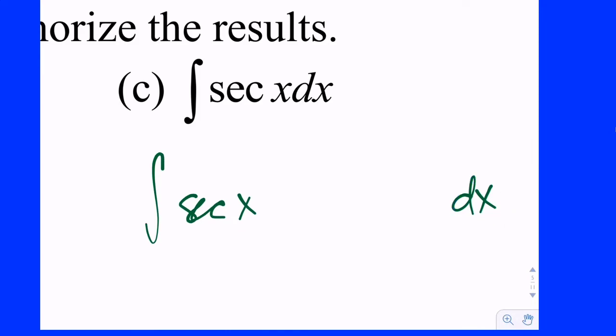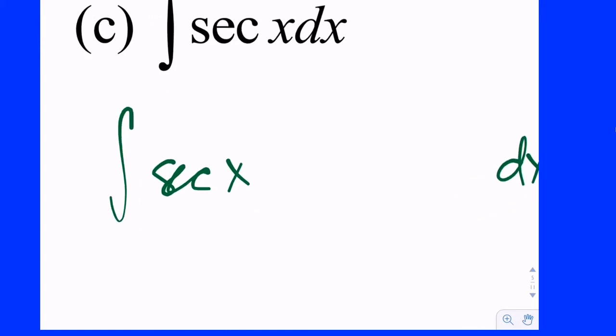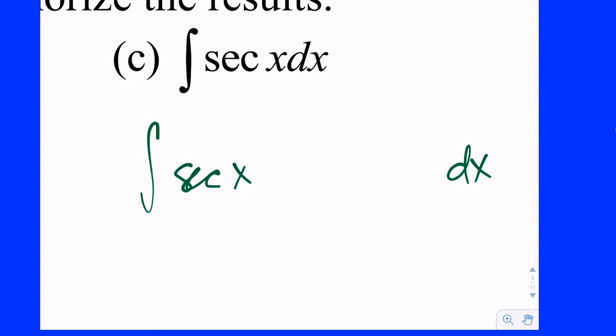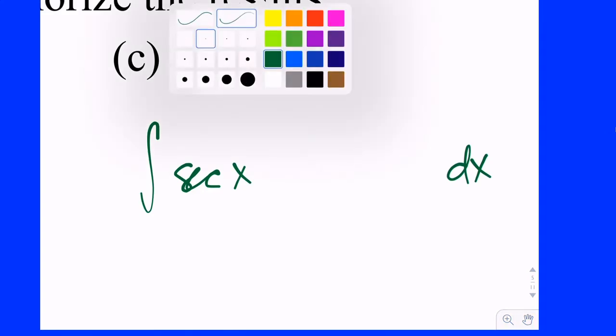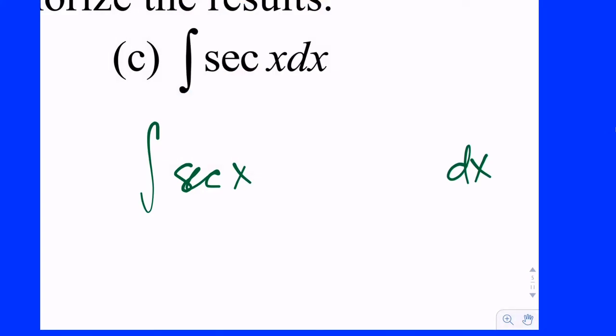Some other kind of identity might work, but it's already a single x, which makes it kind of nice already. If I start using any type of angle identity, it's going to either make it x halves or 2x, which is not necessarily what we want. So what can we do to an expression without changing its value? We can add a clever form of 0, plus 7 minus 7. Does that help?